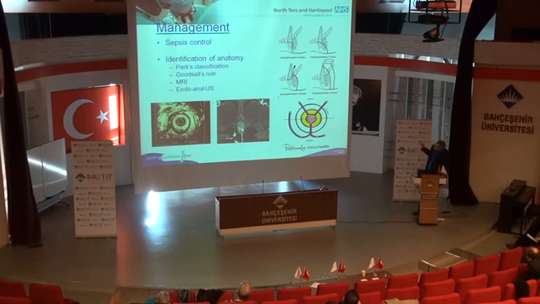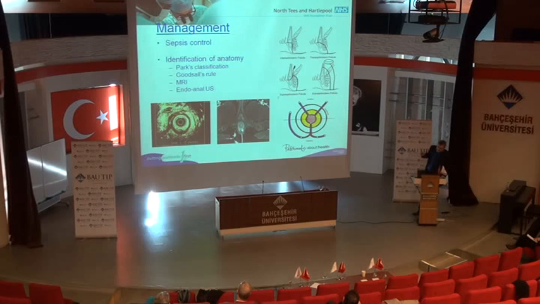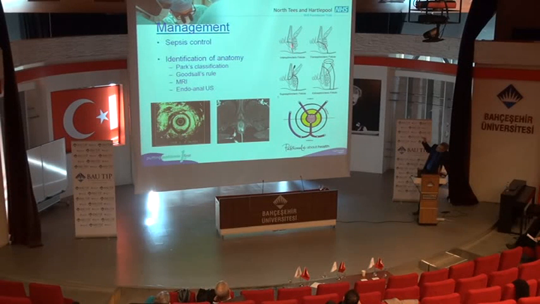One is we've got Parks classification to see where the tracts may go, and it is important to exactly identify where these tracts are. We've got the intersphincteric fistula, which is only coming down in the intersphincteric space, and the internal sphincter is involved. If it's not much involved, this can be treated fairly simply and straightforwardly.